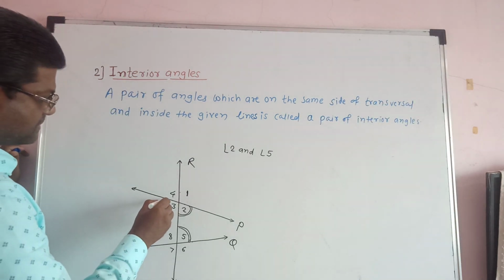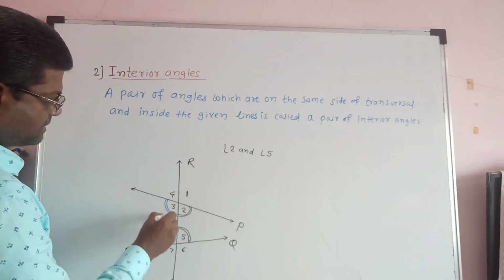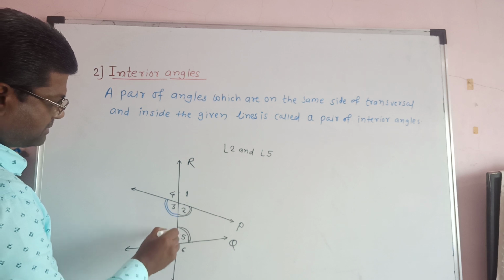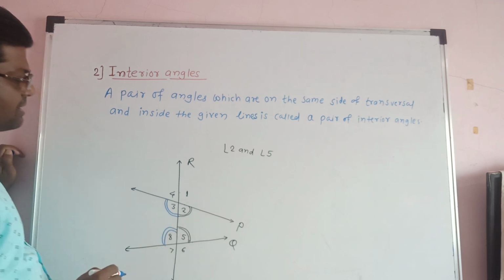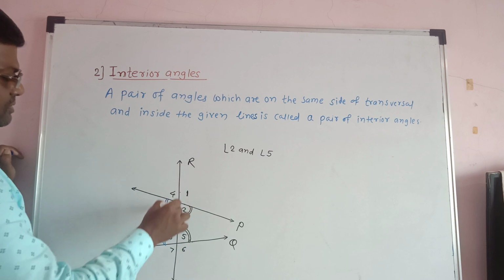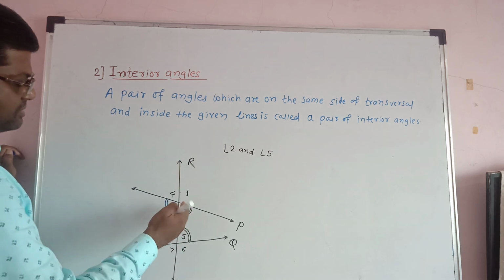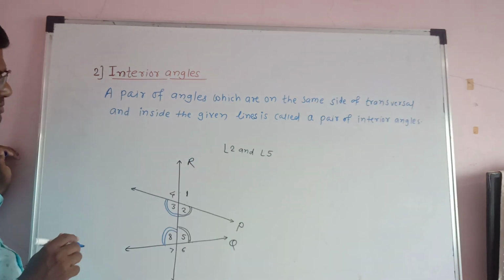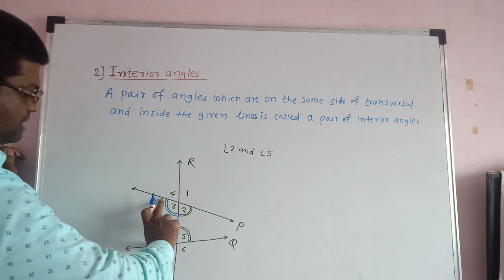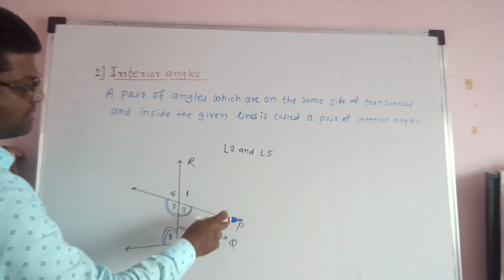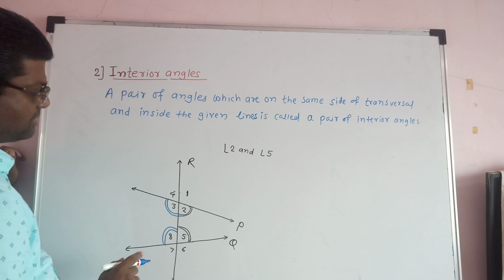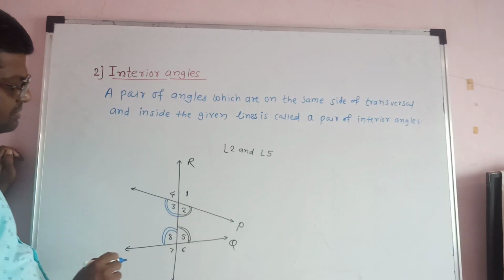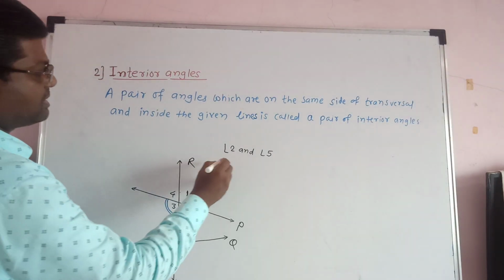Now consider angle 3 and angle 8. These angles are also on the same side of the transversal, and in between the lines P and Q. Such angles are called interior angles.